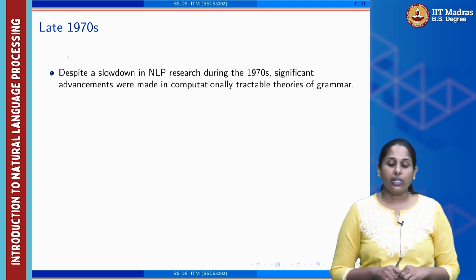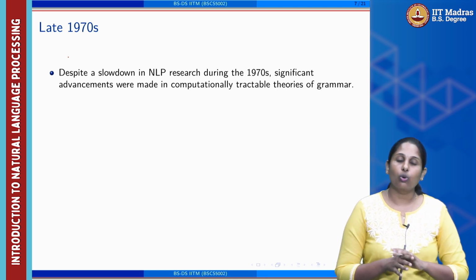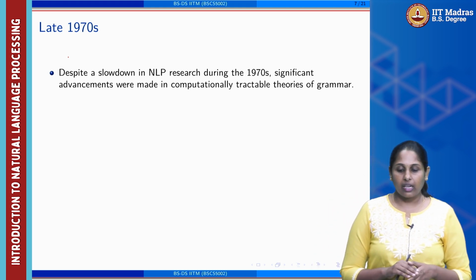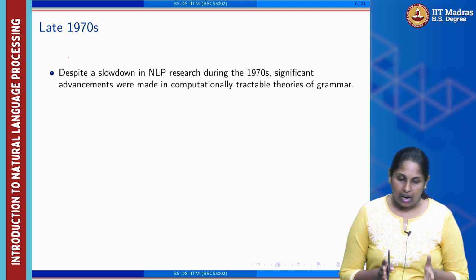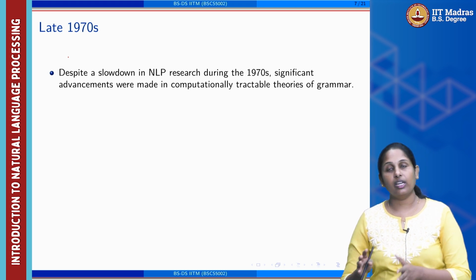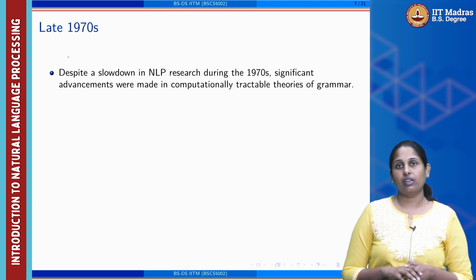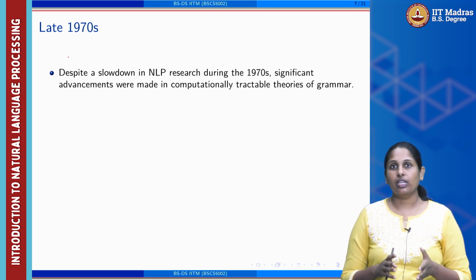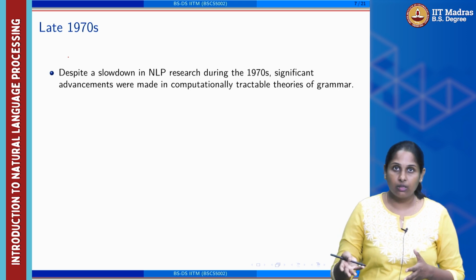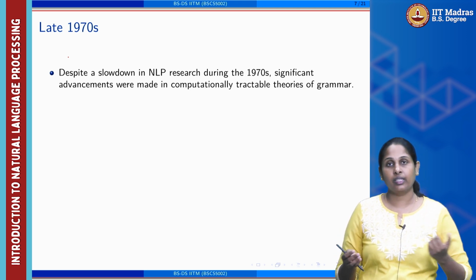And then what was happening in the 1970s? Despite all the slowdown in NLP research, during the 1970s significant advancements were happening in computationally tractable theories of grammar, because it's very important to make sure that development happens both in language science as well as in the information theory field.